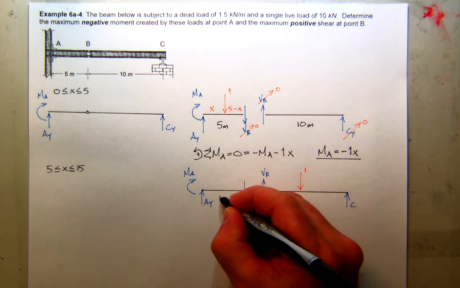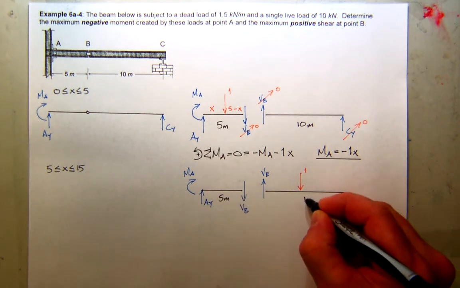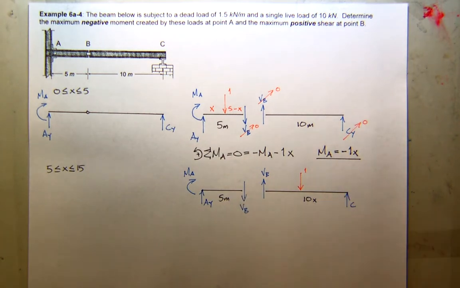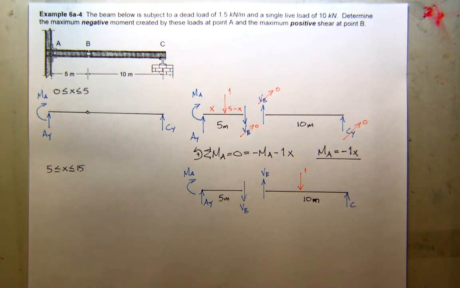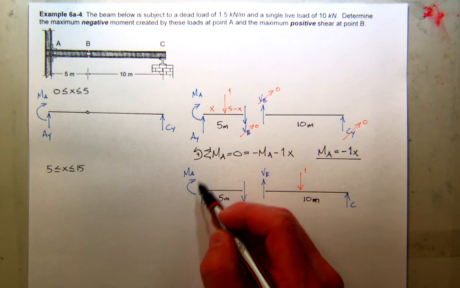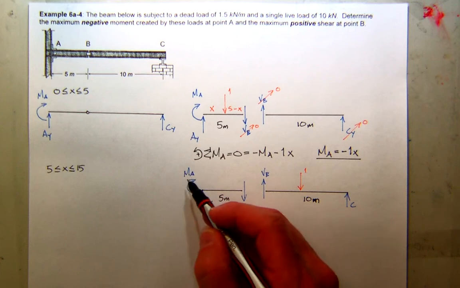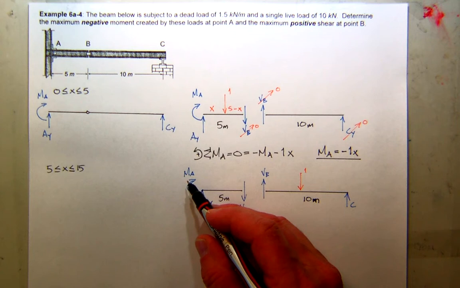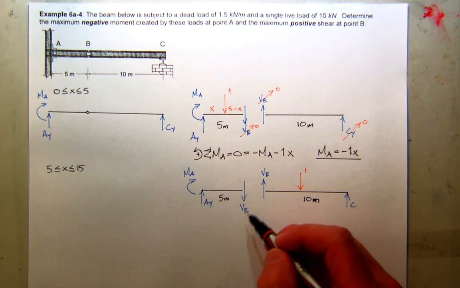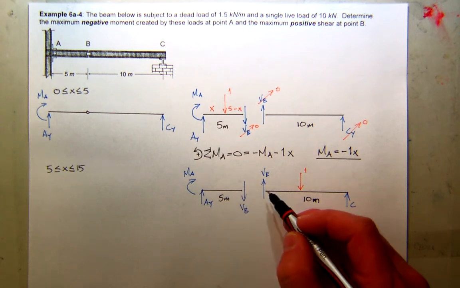This is still 5 meters. This is still 10 meters. Oh, not x meters. I'm still trying to find the moment at A. So how do I do that? The only way I can do it is if I sum moments at A in this free body, my moment at A is equal to whatever I get for my shear at B. So how do I get my shear at B?